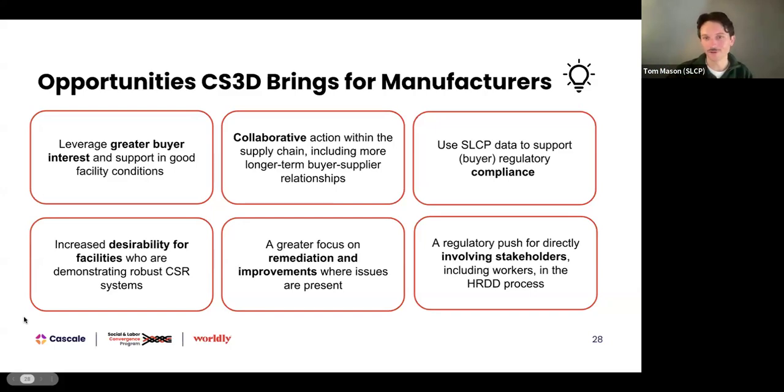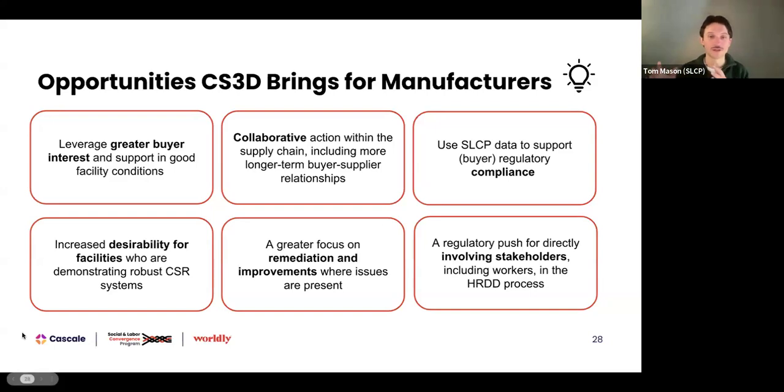The second last one is a greater focus on remediation and improvements where issues are present. So often a lot of the focus to date has really been on audits and trying to find out what the problems are.